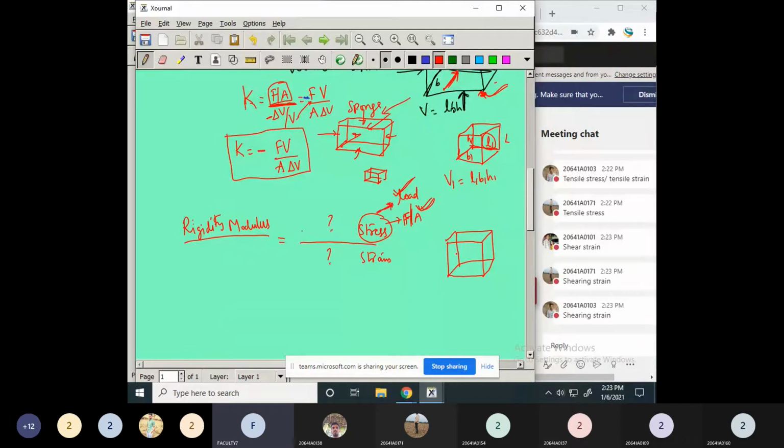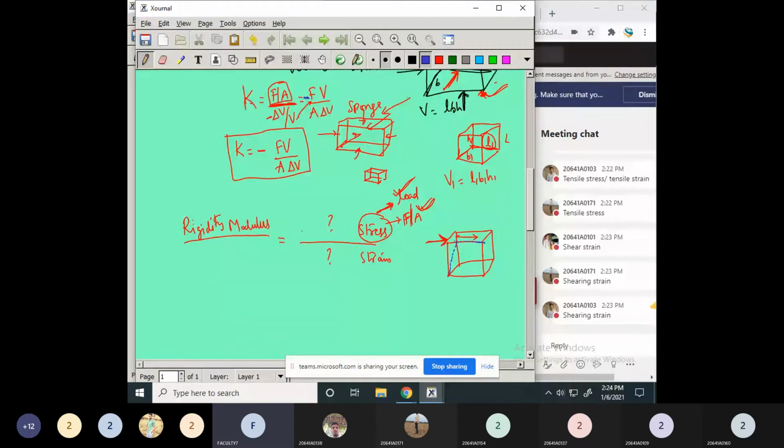Now here we are going to apply a force on the top surface, somewhat like this. Due to that, the top surface will get an angular displacement, and the bottom will remain as is.